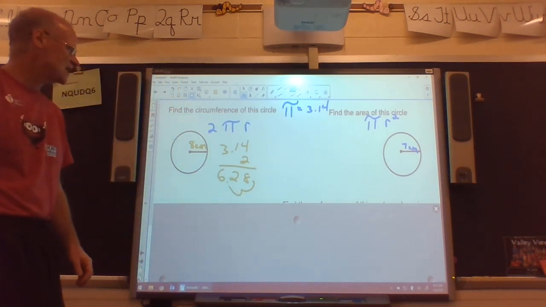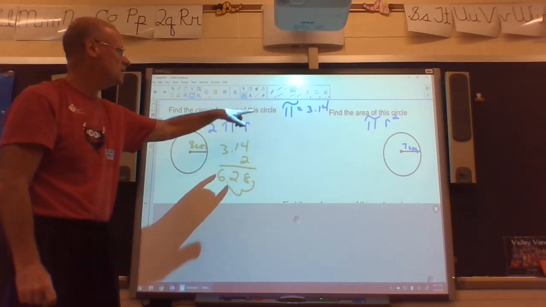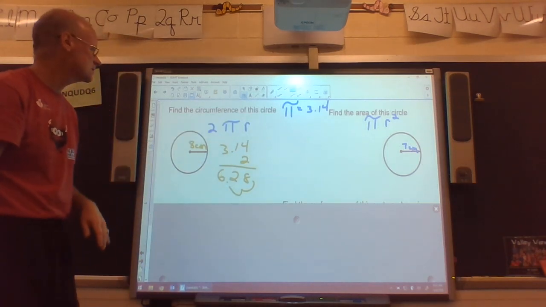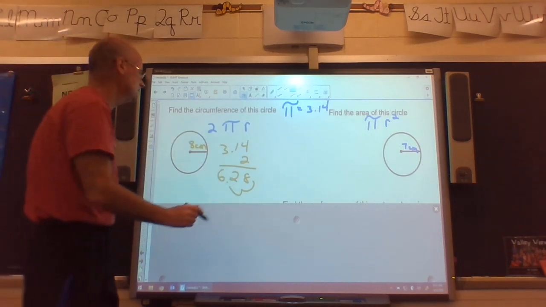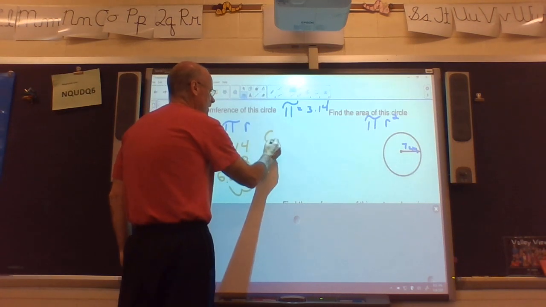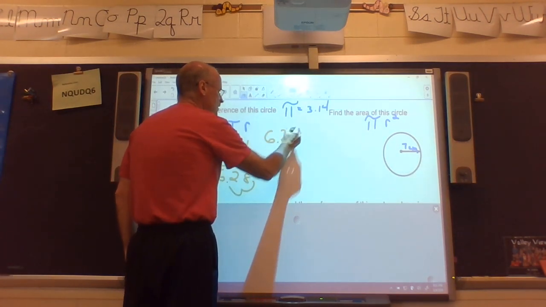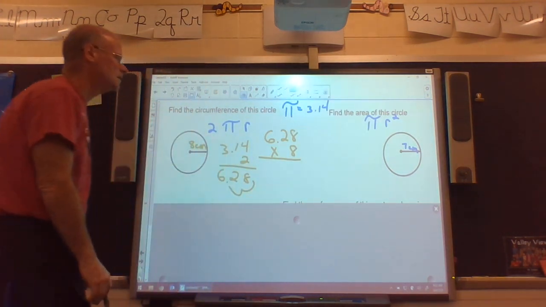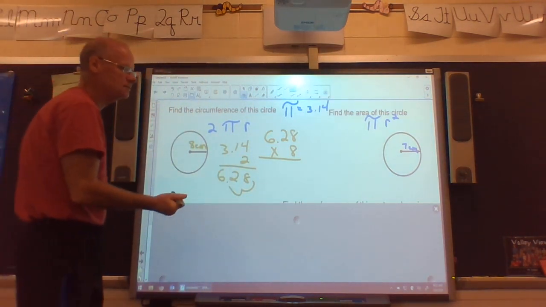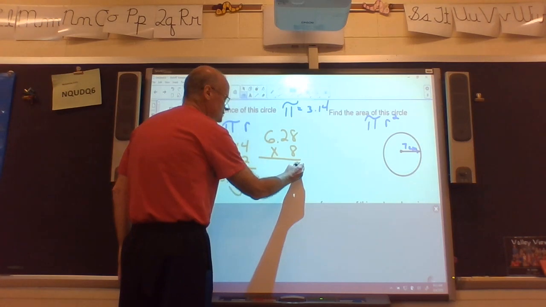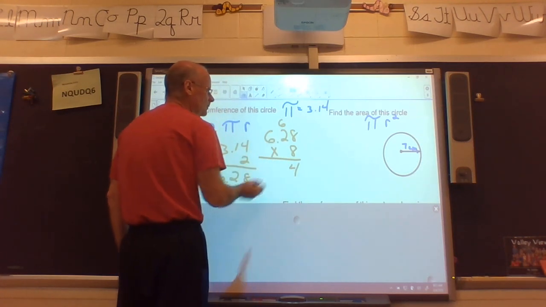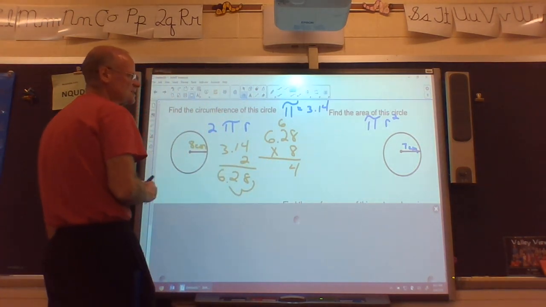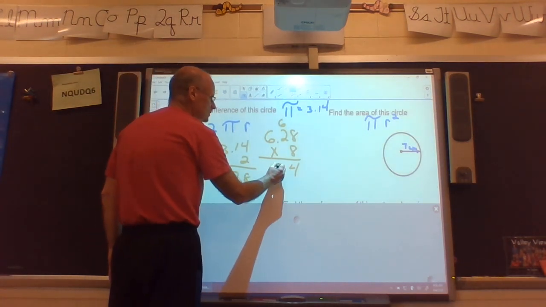So I have 6.28, and I have to multiply that now by the radius. So I have 6.28 multiplied by 8. I'm just going to write it down and do the standard algorithm, multiply by 8. 8 times 8 is 64. Put down my 4, carry my 6. 8 times 2 is 16, plus 6 is 22.